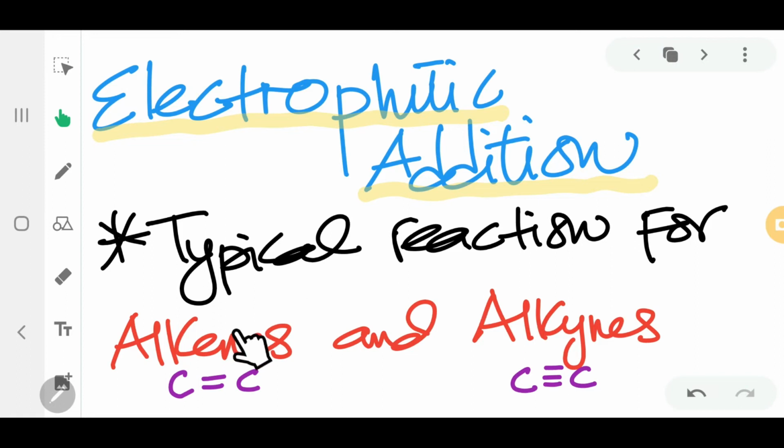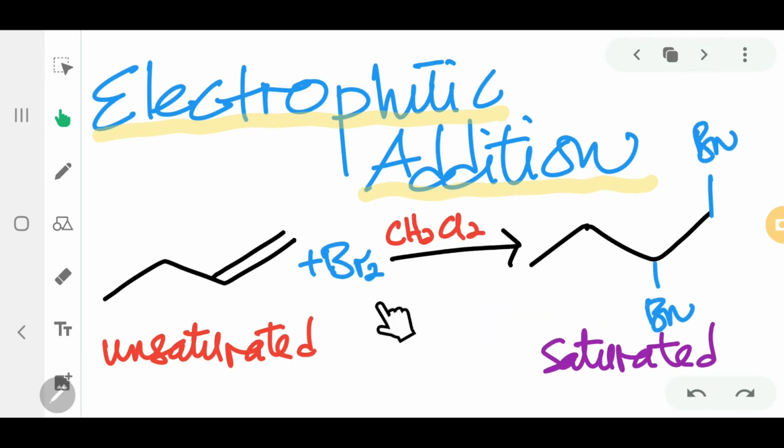They are unsaturated hydrocarbons. What does unsaturated mean? It means they have multiple bonds. You have an example over here, an alkene. This is unsaturated because you can still add atoms here to make single bonds.